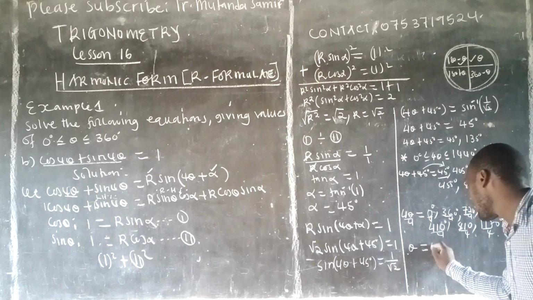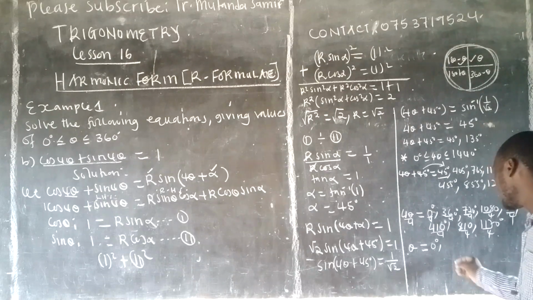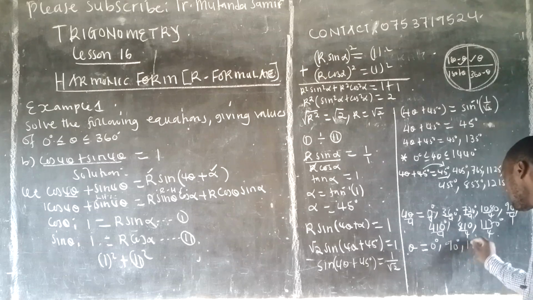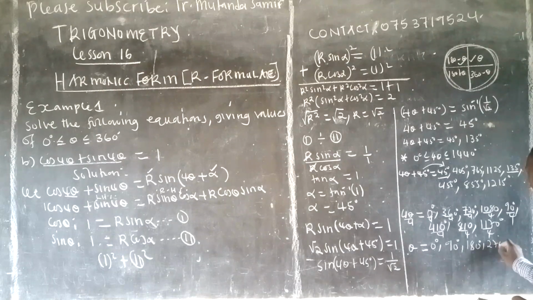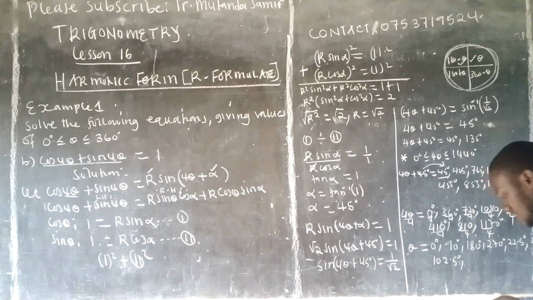So dividing by 4, 0 will remain, comma, 360 divided by 4 will give us 90. Okay, 720 divided by 4 will give us 180. Then 1080 divided by 4 will give us 270. Then 90 divided by 4 will give me 22.5. A 410 divided by 4 will give me 102.5 degrees.